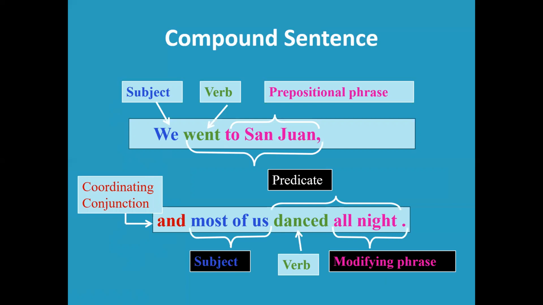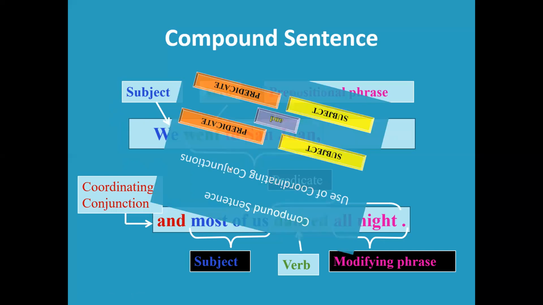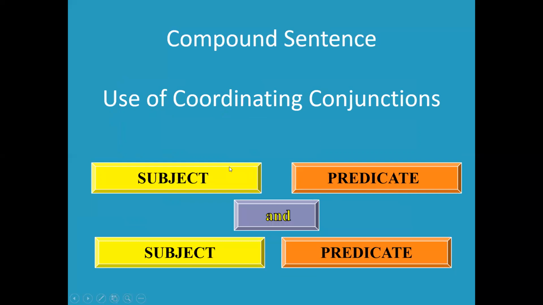Then most of us is the subject in this clause, danced is the second form of the verb, and all night is what we call a modifying phrase. Again we have subject and predicate, and both clauses are joined by a coordinating conjunction. That is the most important thing.